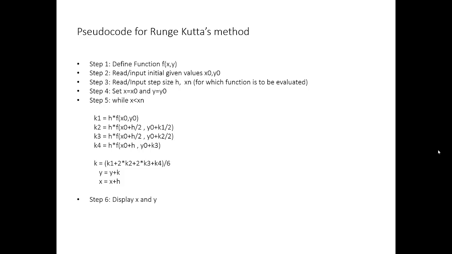For x2, it is x2 equal to x1 plus h, and subsequently it is calculated. This y1 will be the input for y2, y2 will be the input for y3, and so on. In this way we calculate the values of x and y, and in the final step we display the values of y at different points of x.